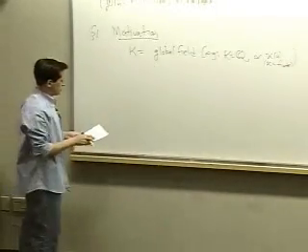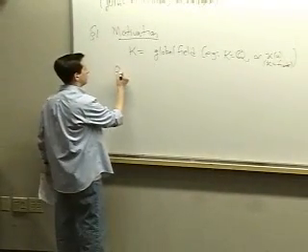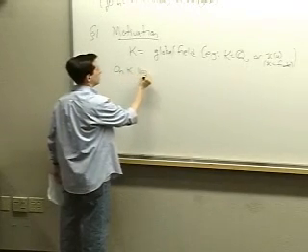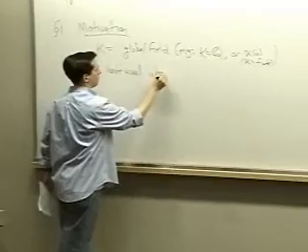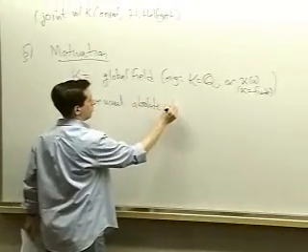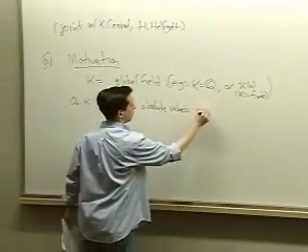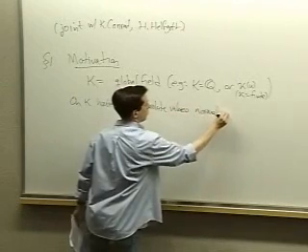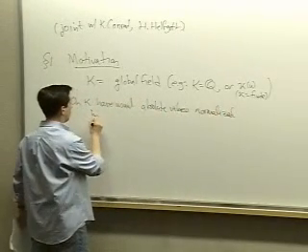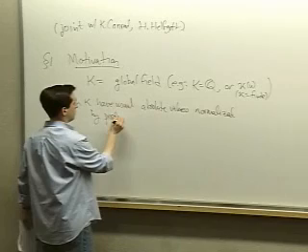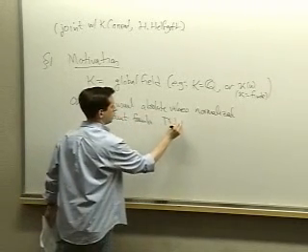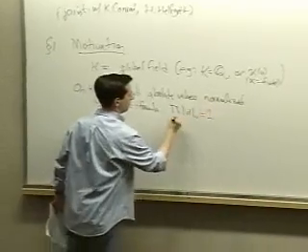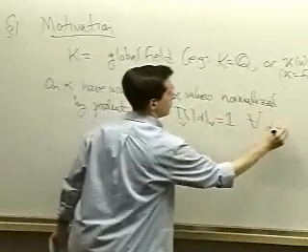And so on K, we have the usual collection of absolute values, normalized by the product formula on the non-zero elements. So the product equals 1 for all non-zero elements in the field.